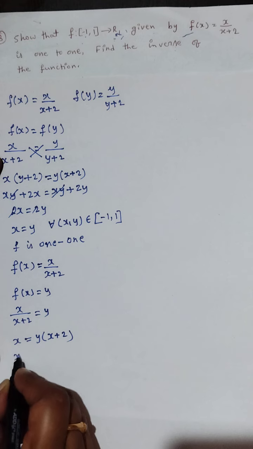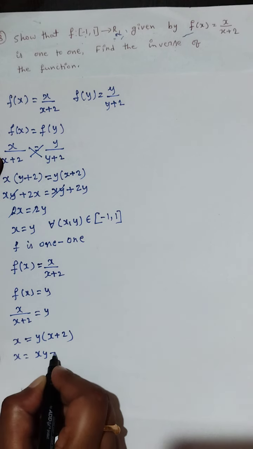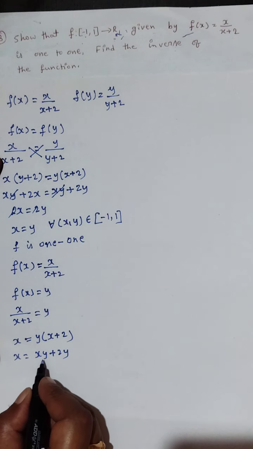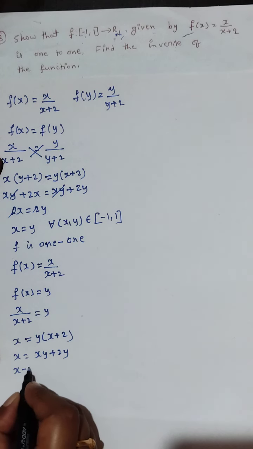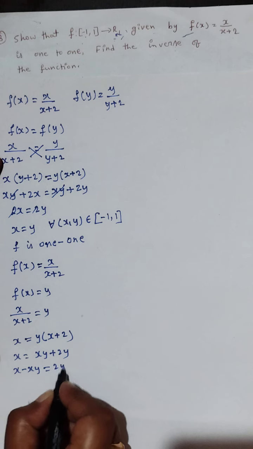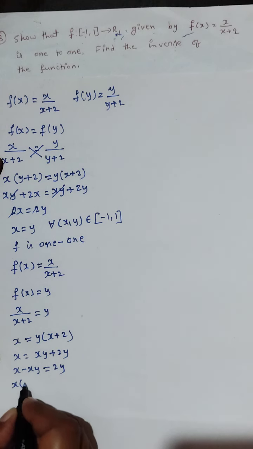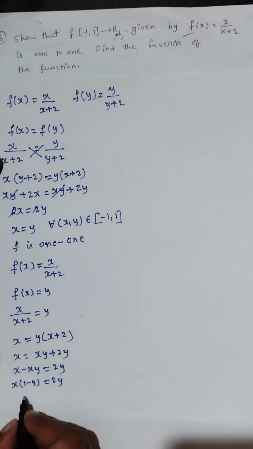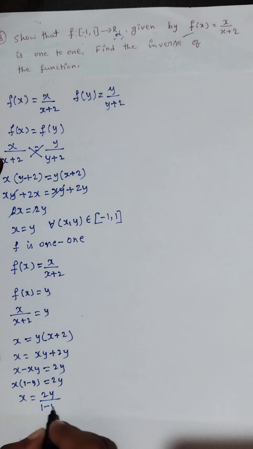So what will you get? x equal to xy plus 2y. You want to solve this for x, so shift this xy to the LHS part. x minus xy equal to 2y. Take the common term x outside, left with x into 1 minus y equal to 2y. So x is equal to 2y divided by 1 minus y.